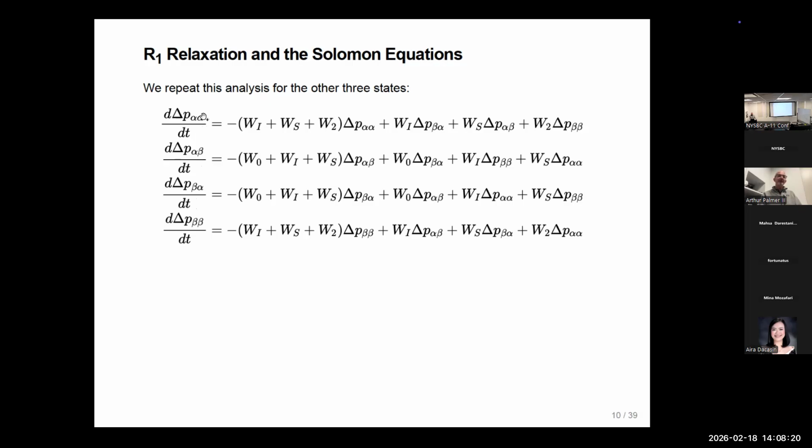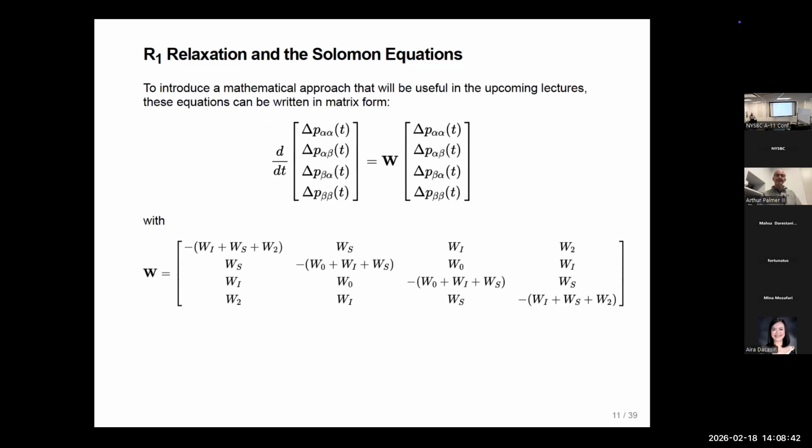Whereas for the S spin it is alpha, alpha, beta, beta. So I have to add line 1 and line 3 and subtract line 2 and line 4 to get SZ magnetization.